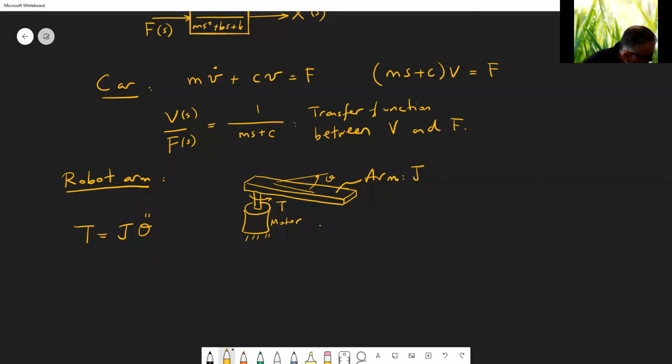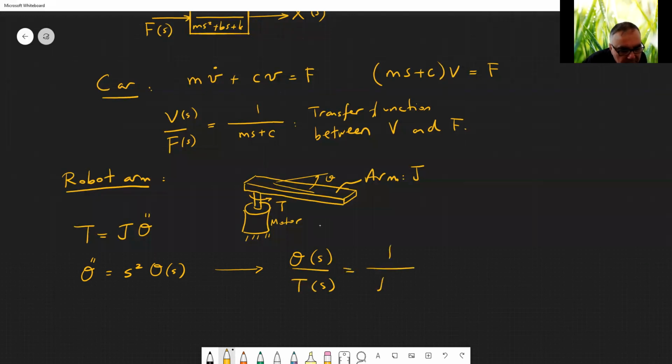So we can write theta double dot as s squared times, let's say, theta of s, if you like. So that you can say theta of s over T of s is 1 over J s squared.